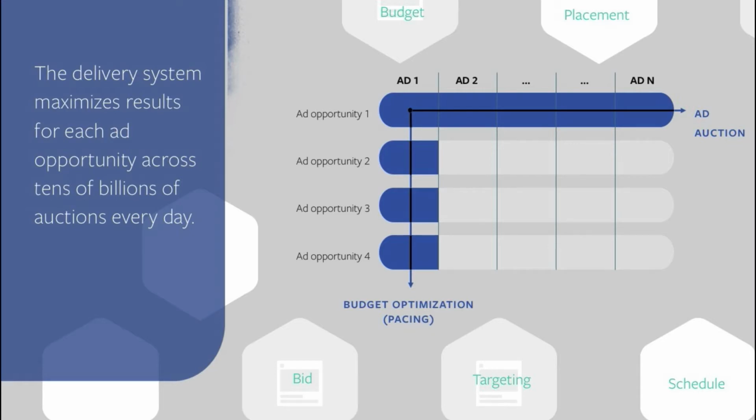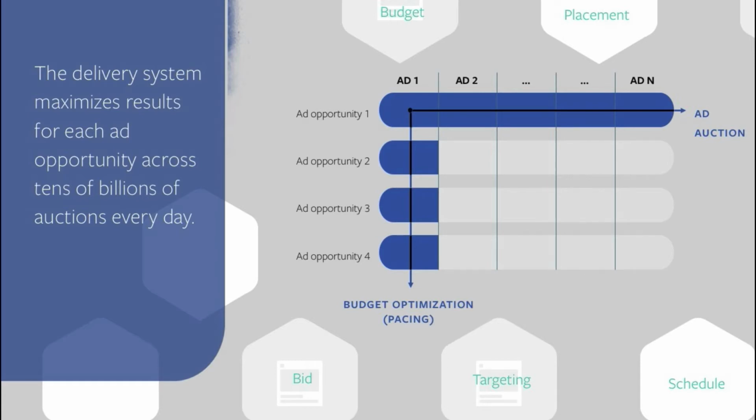The second component is our auction budget optimization, AKA the pacing system, where we aim to maximize advertiser value over the duration of your ad set and over many ad opportunities. Finally, the third component is advertiser set controls that guide our auction and pacing systems. These include targeting, budget, bid, placement, and schedule inputs.